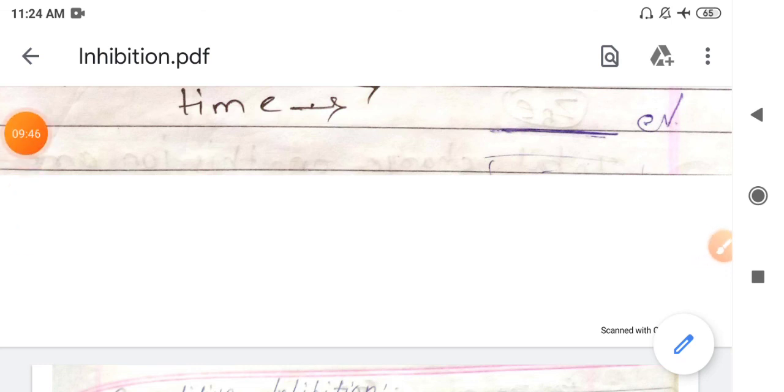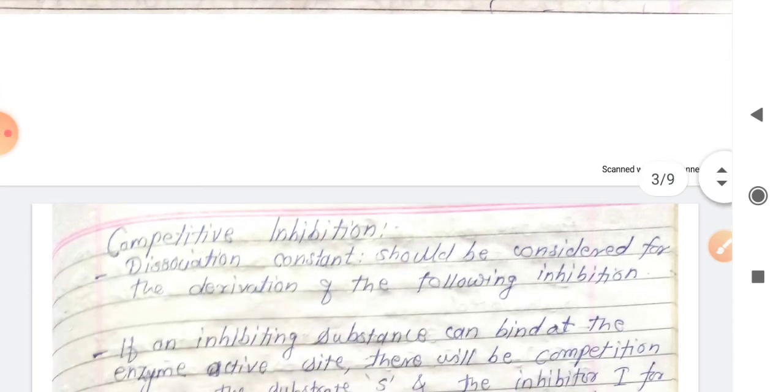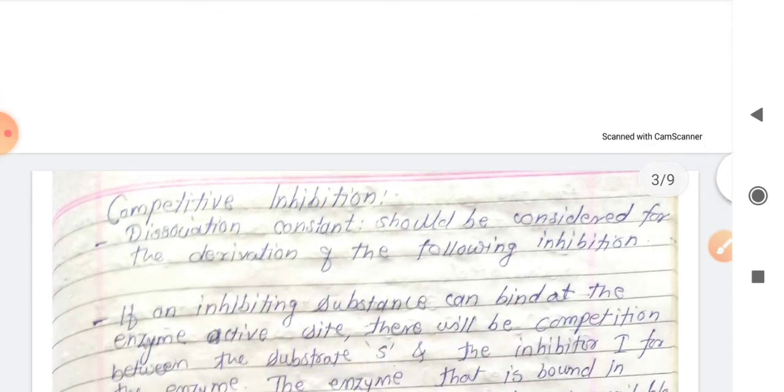We are using this dissociation constant because the overall rate of product formation depends upon the dissociation of the enzyme inhibitor complex as well as the concentration of the enzyme substrate complex.